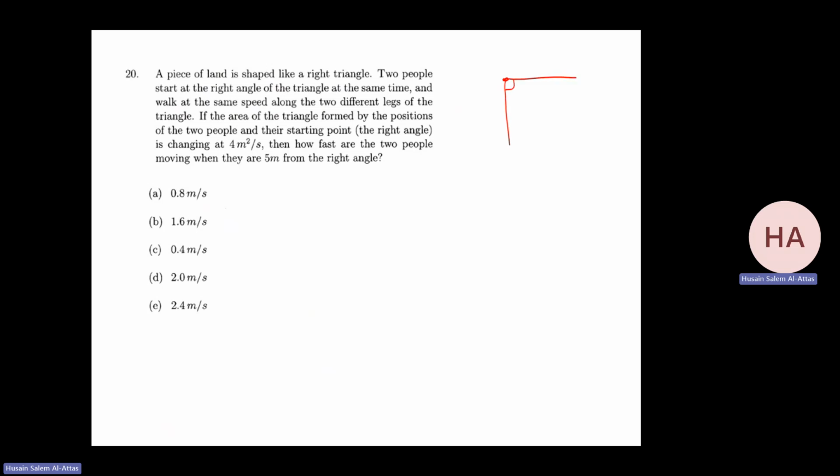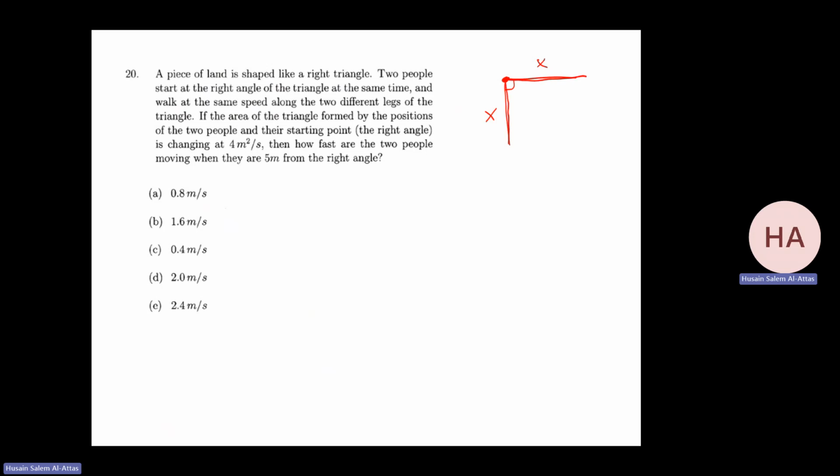Two people start at the right angle, start here, at the same time and walk at the same speed. So their speed is the same. This will be x, along the two different legs of the triangle, this leg and this leg.